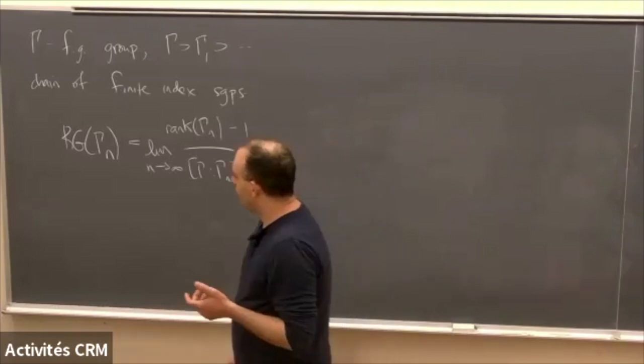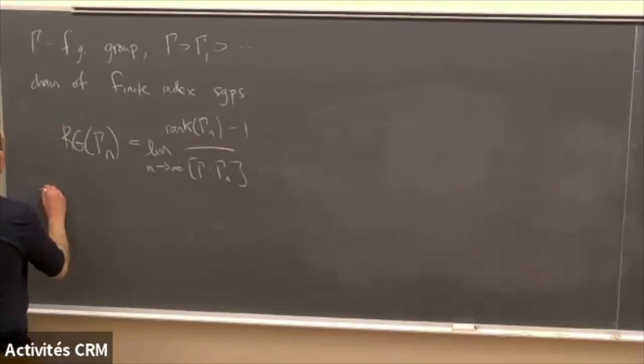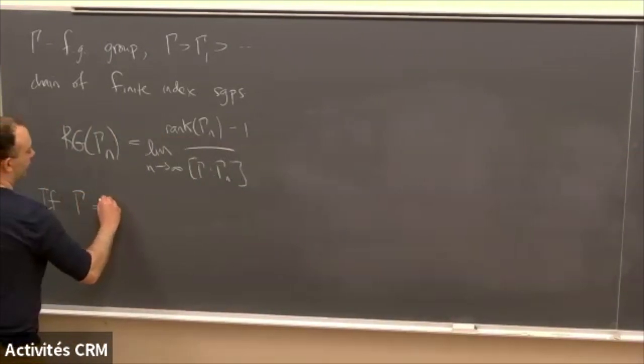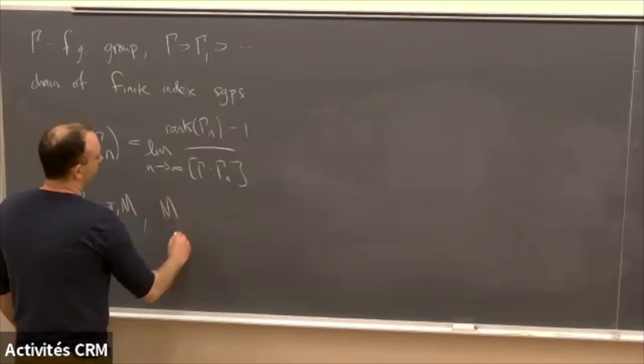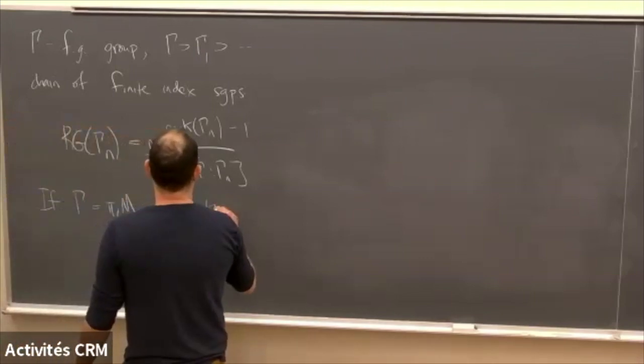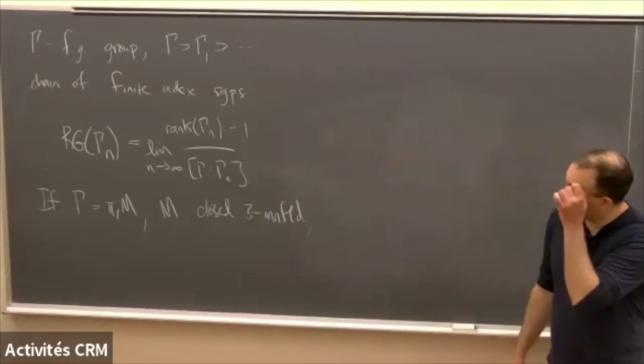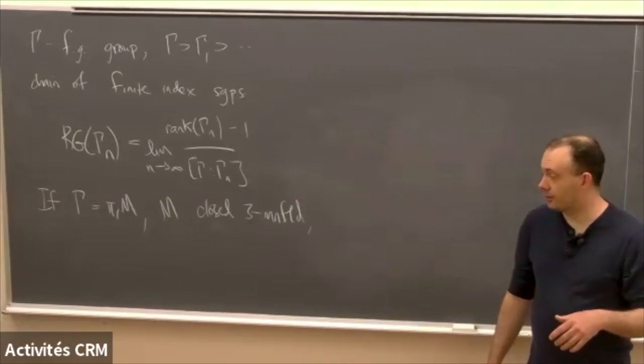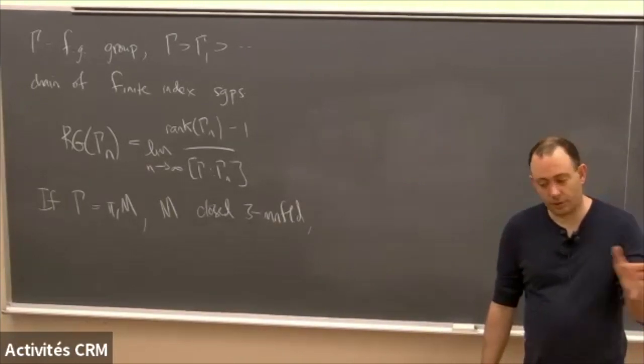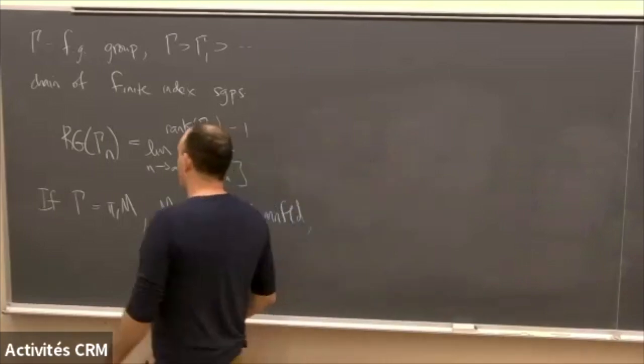Yeah, and then in the case that gamma is pi1 of M, say a closed 3-manifold, then if I have this chain of finite index subgroups, that determines a covering tower.